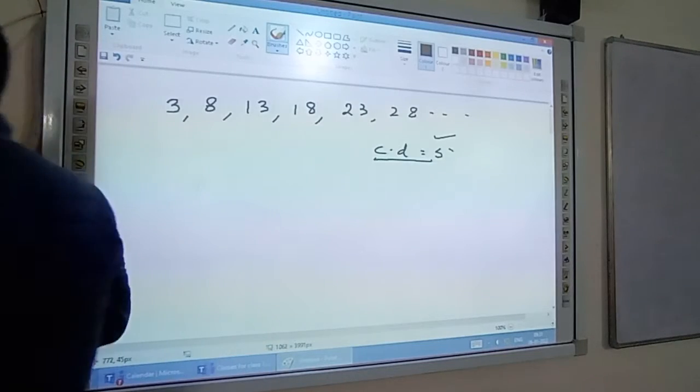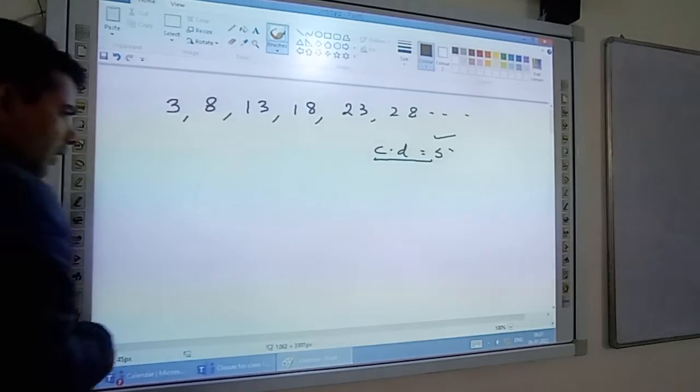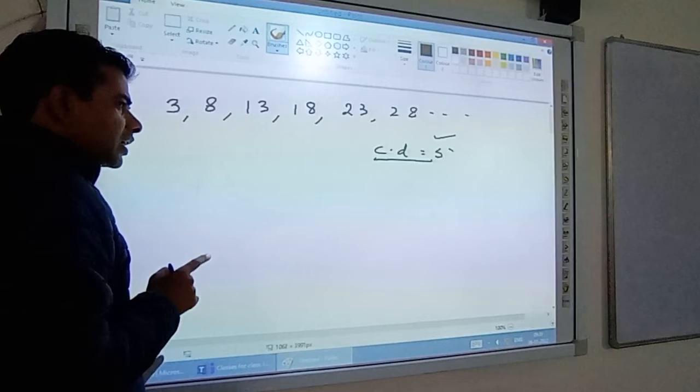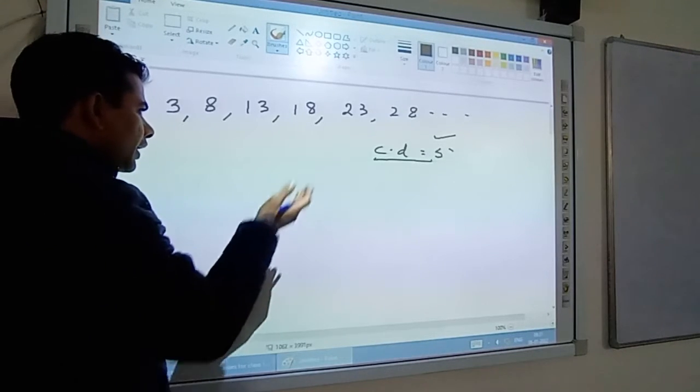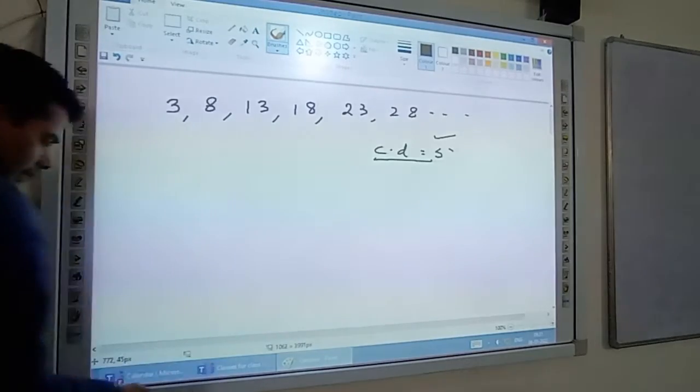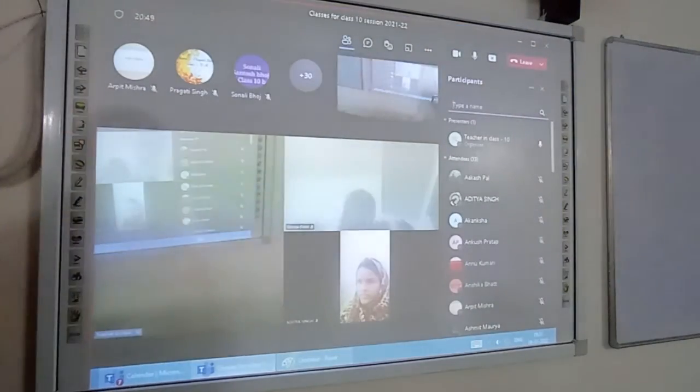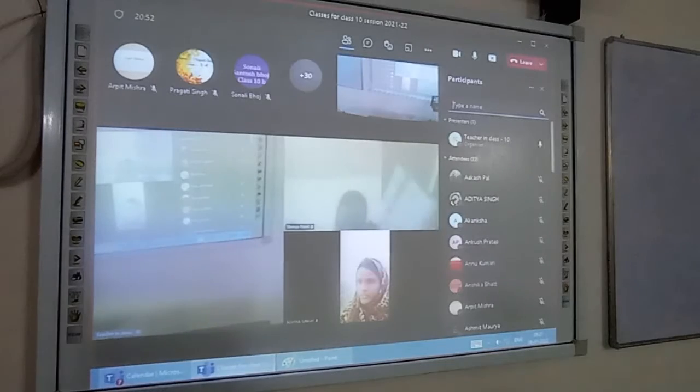If the first term is given and the common difference is given, we can obtain a series. Yes, Pragati, what is the doubt?